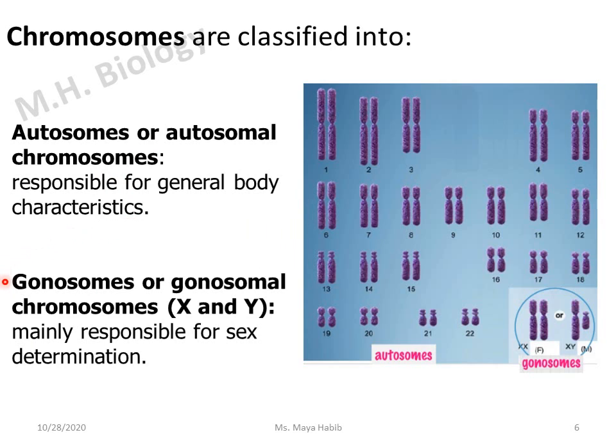While gonosomes, or gonosomal chromosomes, which are the X and Y chromosomes, are mainly responsible for sex determination, such that each diploid cell of a female contains, in addition to the autosomes, two X chromosomes, while the diploid cells of a male contain one X chromosome and one Y chromosome. In the next video, you will be better introduced to this chromosomal classification. Let's watch it.